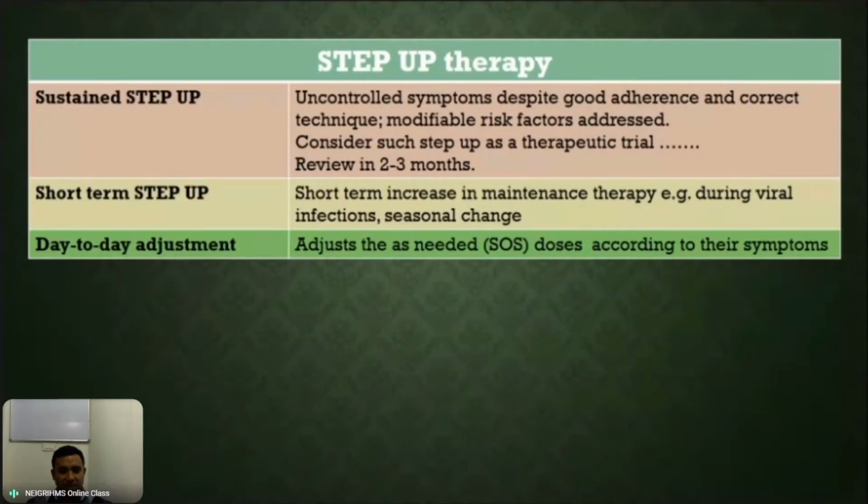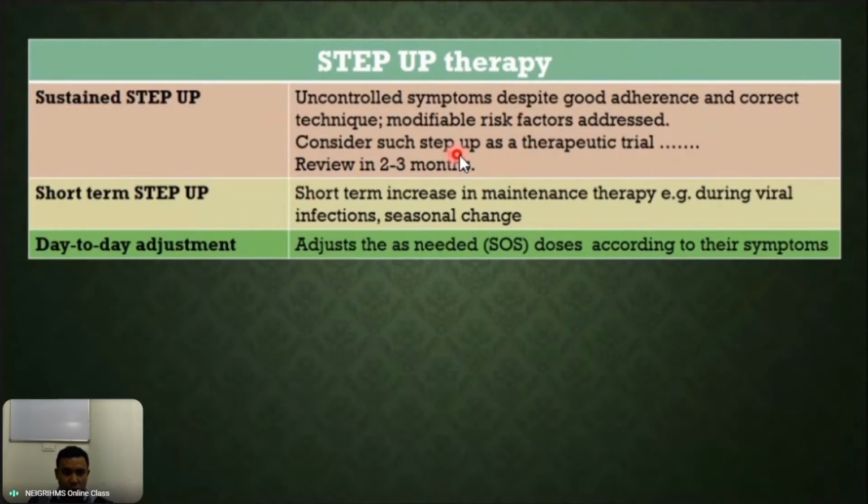So stepping up therapy, basically there are three forms. One is a sustained step up, where you have uncontrolled symptoms despite good adherence and correct technique, and you address your modifiable risk factors, then you consider such a step up as a therapeutic trial. So you've gone from step 2, you've increased your dose of your LABA ICS, or you've added your montelukast as a step up drug. Then the most important thing is, do not change this kind of therapy.